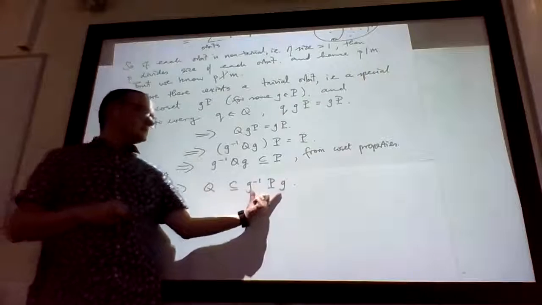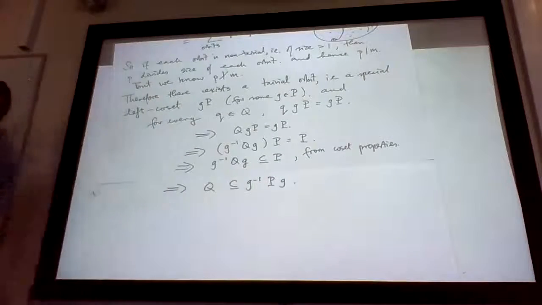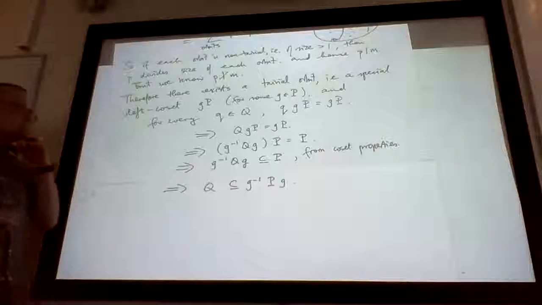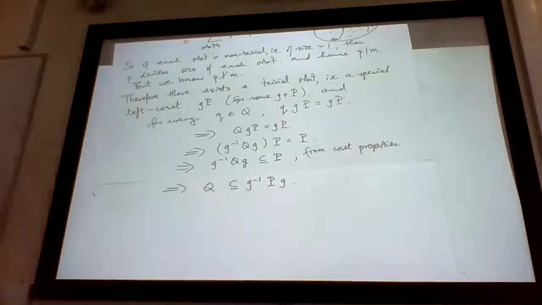Now, this is a conjugate of P. P is a subgroup of the biggest possible size, p to the r. What do we know a conjugate of a subgroup is? A subgroup. So, what's the size of the conjugate of the subgroup? Same as the size of the original.